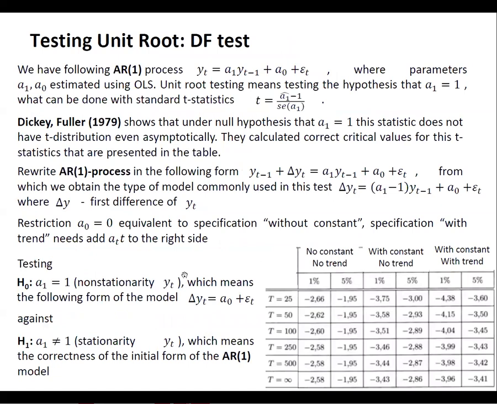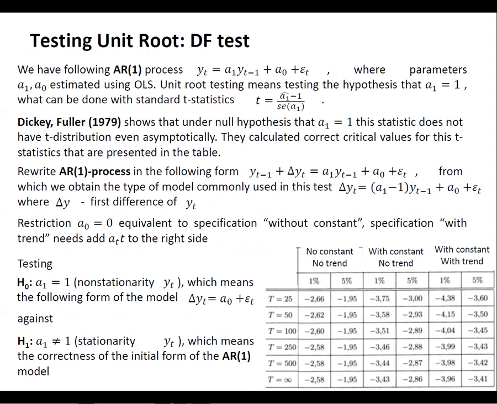After this theory and understanding, the question arises of how to test the unit root on empirical data. And in this case, when testing this unit root, one speaks of the hypothesis that the exponent yt is non-stationary.